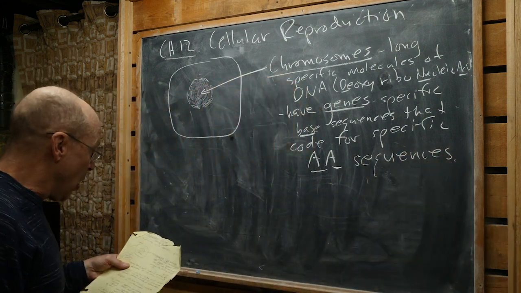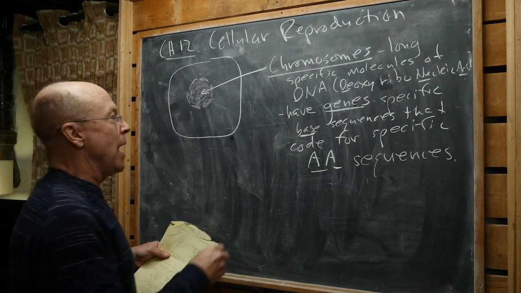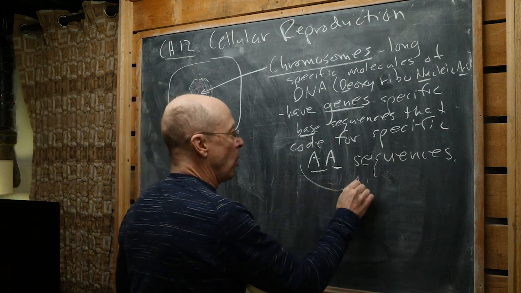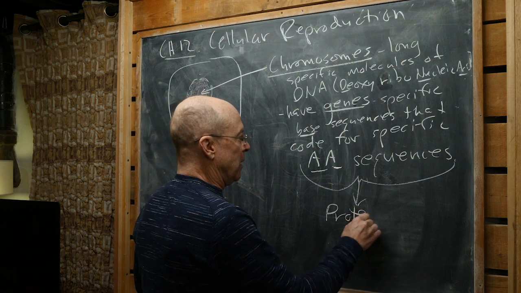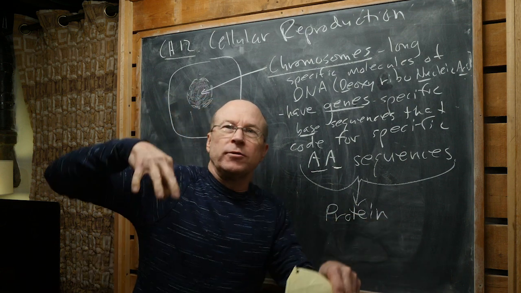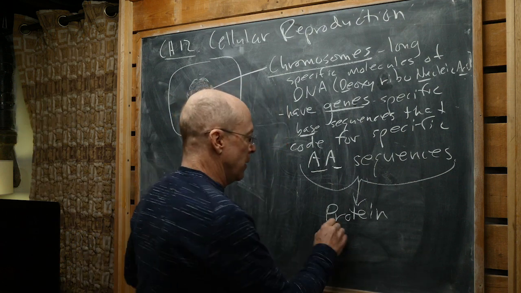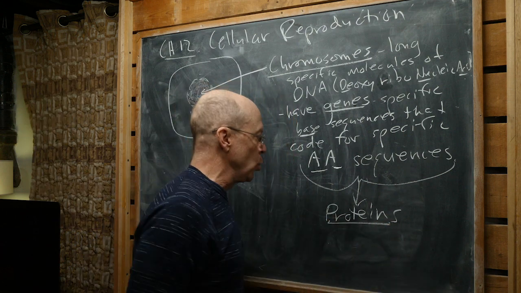So that's our general look. And of course these amino acid sequences, in the big picture, are later going to be put together, folded, twisted, and turned into proteins. And proteins are molecules of life.